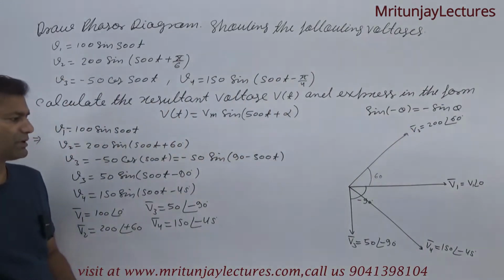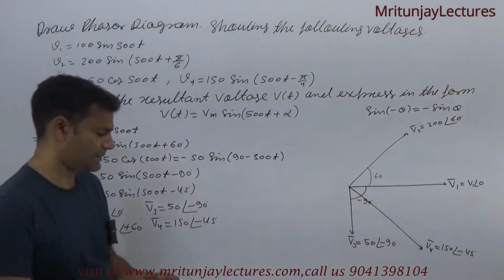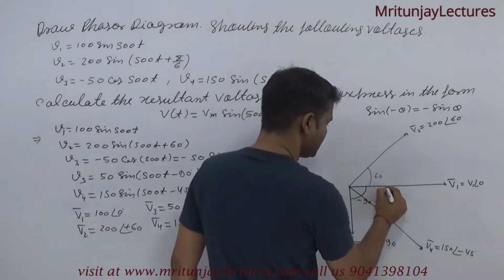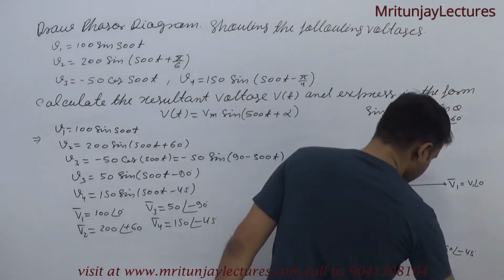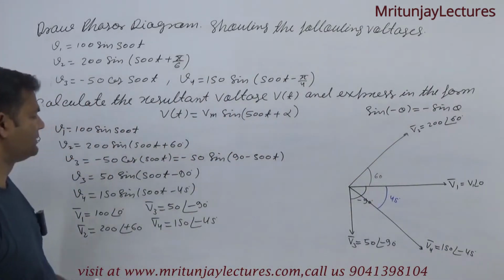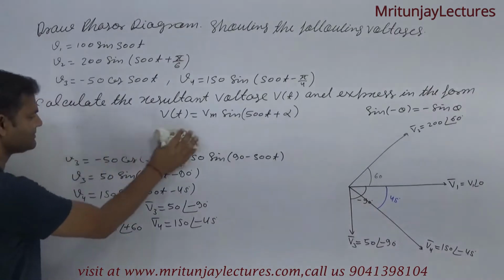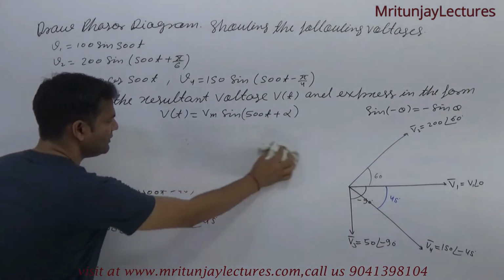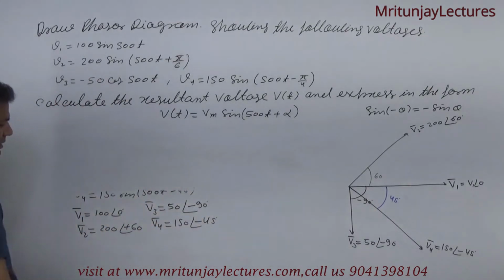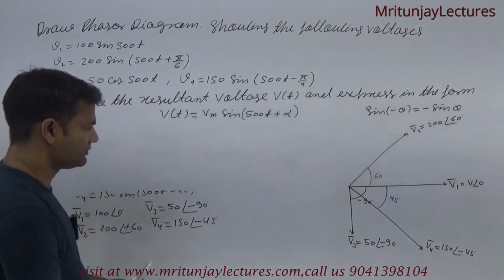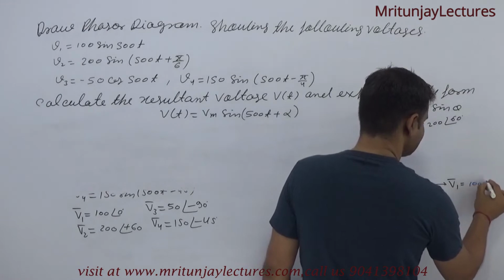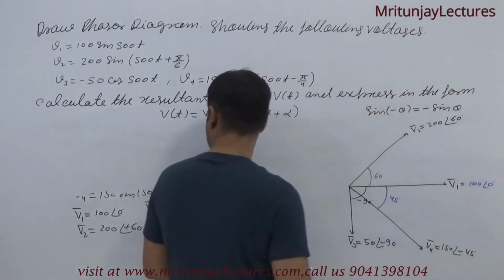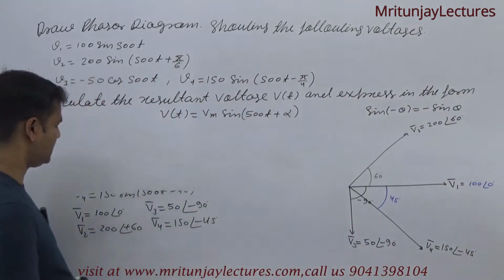Okay, first of all, draw corresponding this one. This is the phasor diagram, 45 degrees. After drawing the phasor diagram, V1 is 100 at the angle 0 degrees. V2 is 200 at the angle 60.